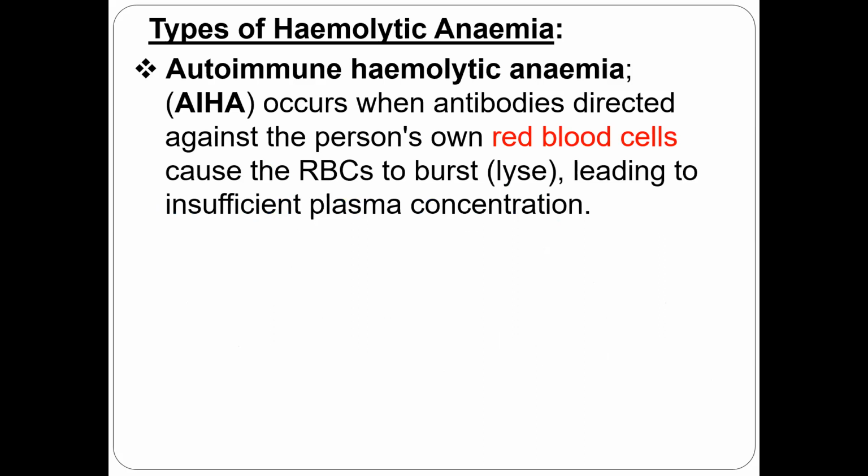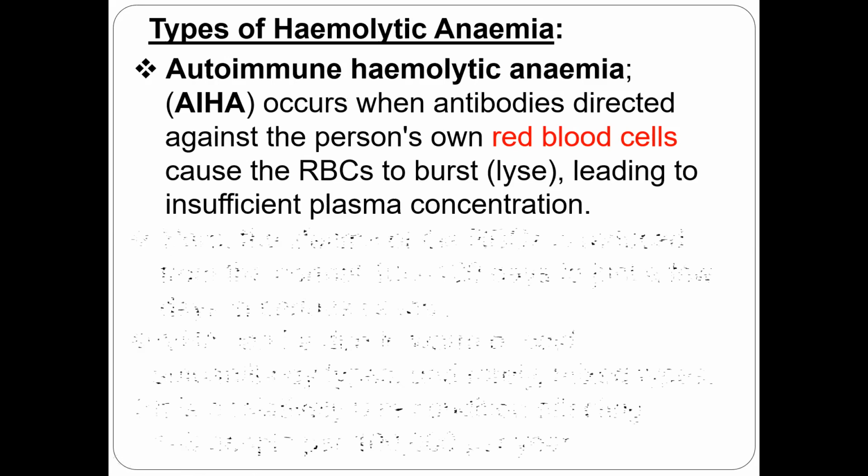All right, now to the types. The type autoimmune hemolytic anemia occurs. In this case, we bring in the immune part. It is because of antibodies that have been produced, and these antibodies are directed against the person's own red cells. So the auto part is there. They cause the red cells to lyse, leading to insufficient red cell concentration.